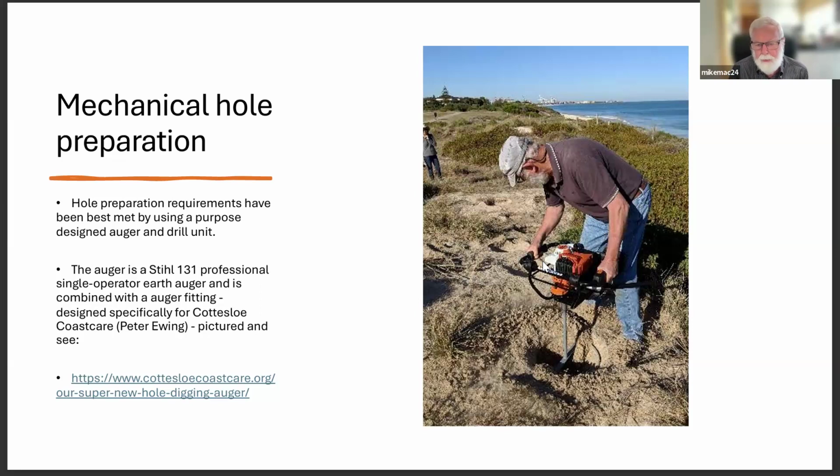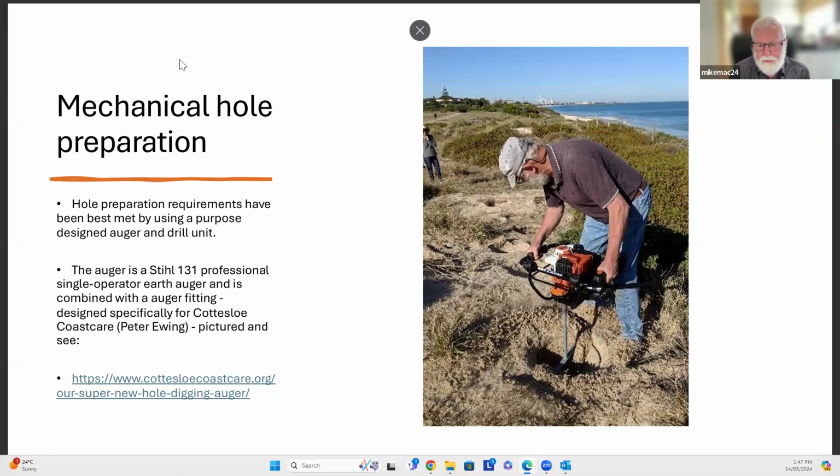A person like me can auger about 200 holes an hour, and a fit young person can keep that up all day. I certainly flag after an hour, but a fit person can do 1,000 holes a day quite comfortably, and that's our auger.